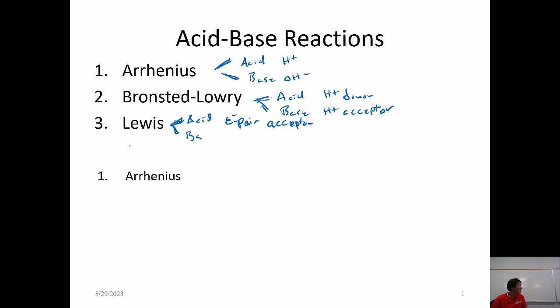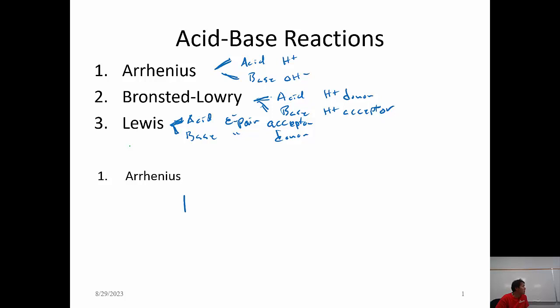A base is an electron pair donor. When an electron pair is accepted and an electron pair is donated, we make what's called a coordinate covalent bond, which we'll talk about later.